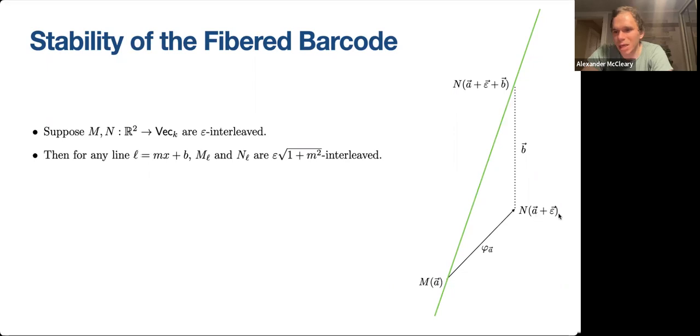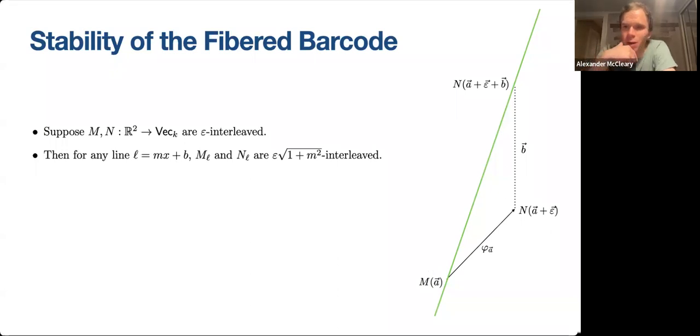So A plus epsilon is less than or equal to A plus epsilon plus B. So we're going to get a map from N of A plus epsilon to N of A plus epsilon plus B. And that gives us the desired map that we want.